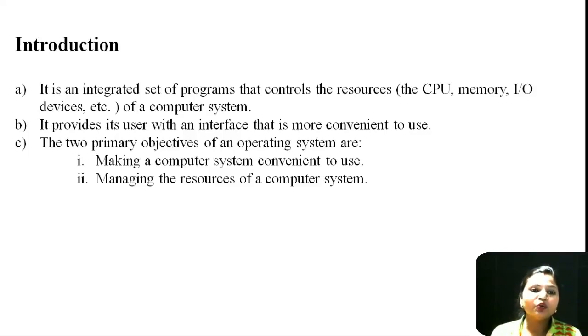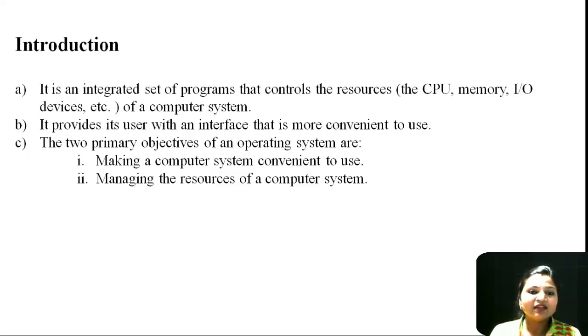The two primary objectives of an operating system are, first, making a computer system convenient to use, which means it provides the facility that, without having proper knowledge of the background processes and background programs, the user is able to use the system comfortably.